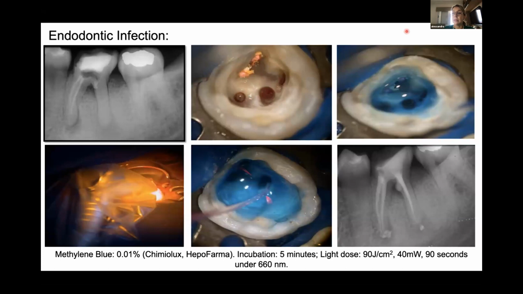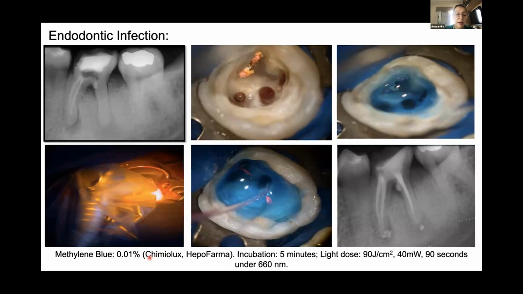So after the mechanical treatment of the root channels, we applied locally the photosensitizer. In this case, we used methylene blue at 0.01%. It's a solution already. You know, methylene blue has been used for many different purposes since many years ago.